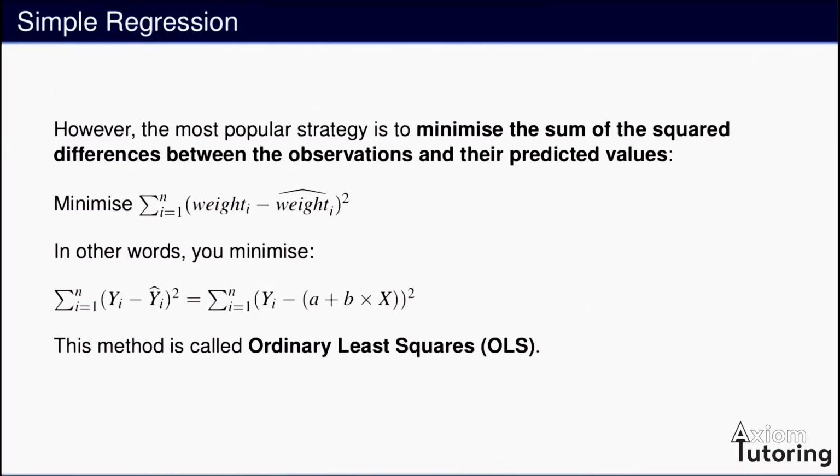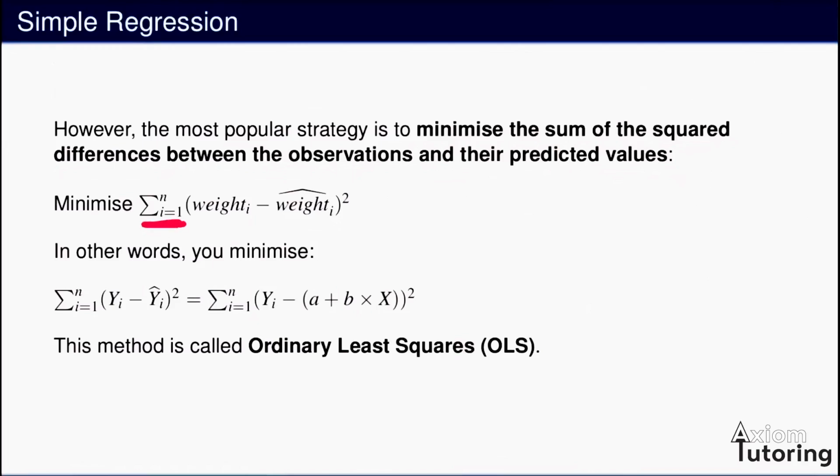So instead, one thing that is much easier to differentiate and a much more popular strategy is just to minimize the sum of the squared differences between the observations and their predicted value. Okay, so instead what we minimize is something that is similar, but the distances have now been squared.